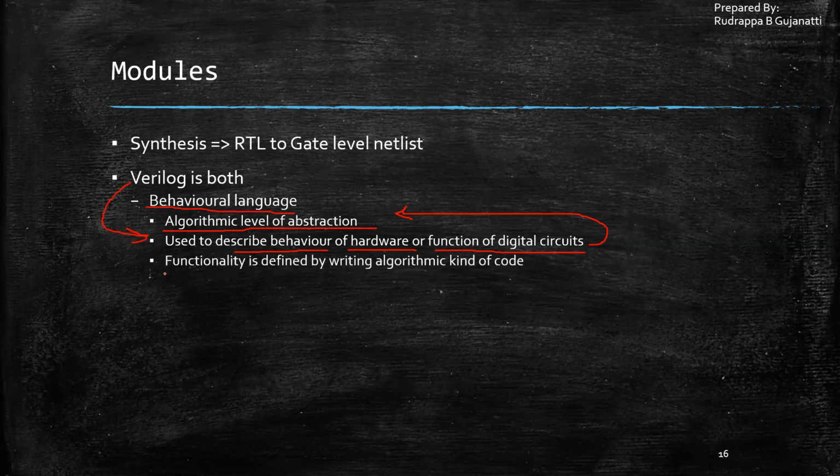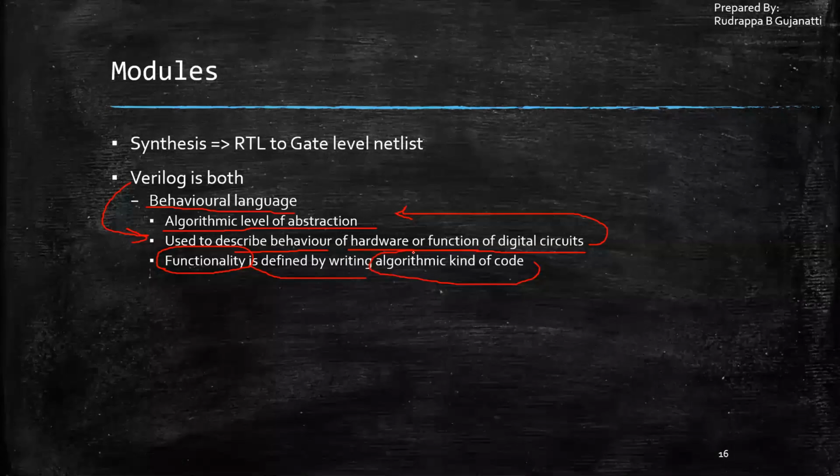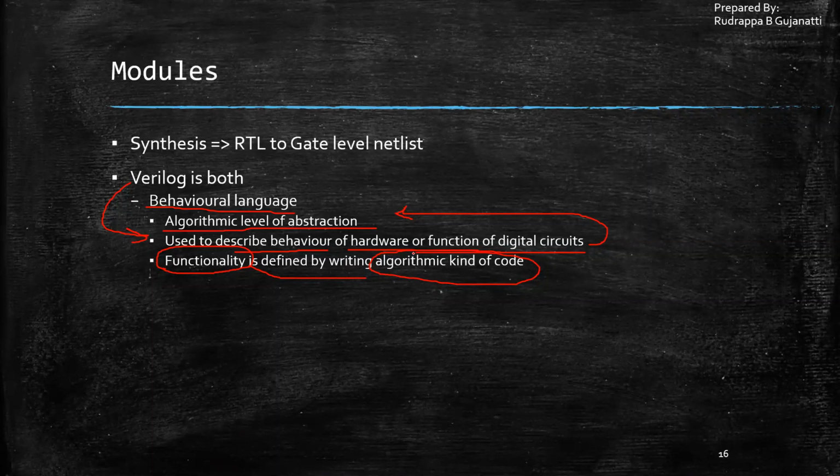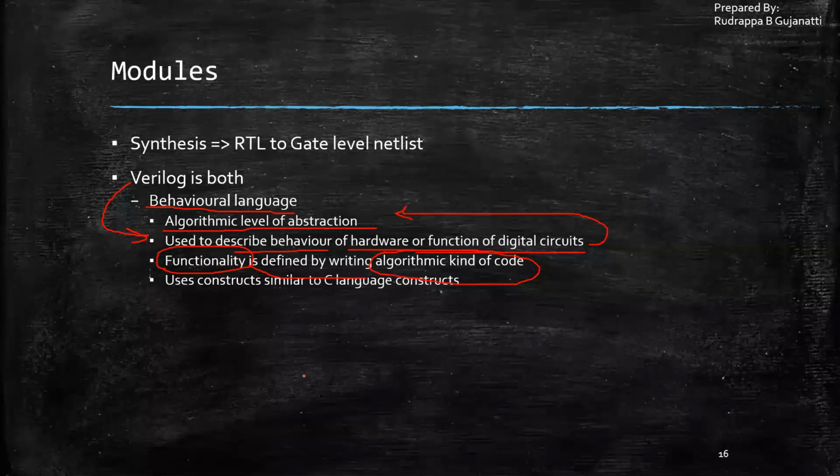Then how do I implement it? The functionality, what is intended, is written in somewhat algorithmic kind of code. So we try to implement these in algorithmic code. All these things we'll check again later when we come to the coding aspect. So functionality can be written in algorithmic form.